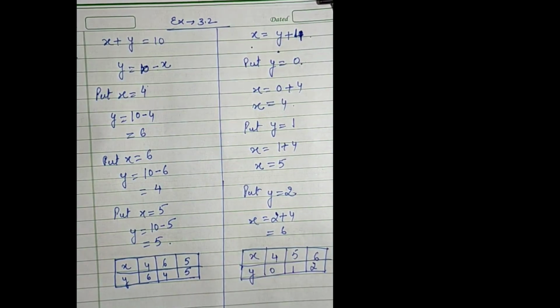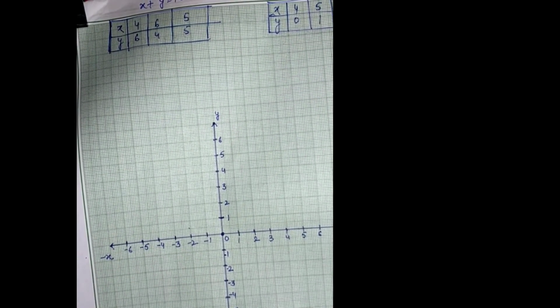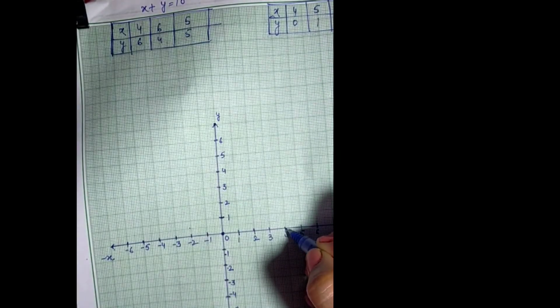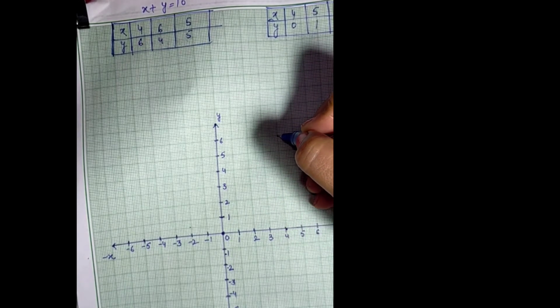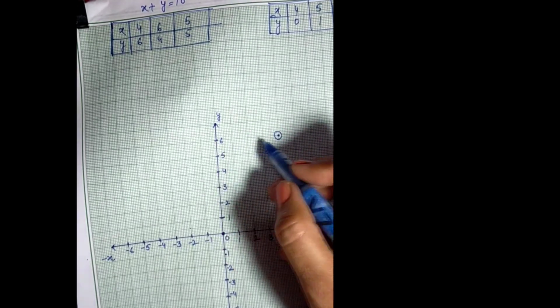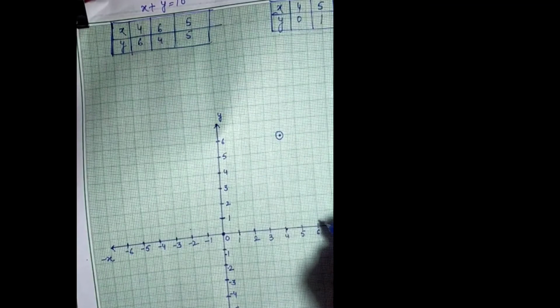So as we got the tables, now we are going to plot these points and we are going to get the desired graphs. So let's plot the required points. First point is 4, 6. So 4 from the x side and 6 from the y side. Then the next point is 6, 4.